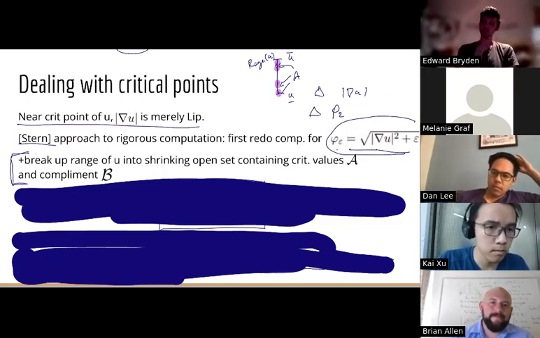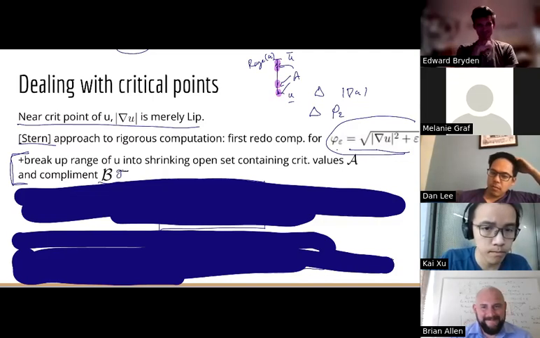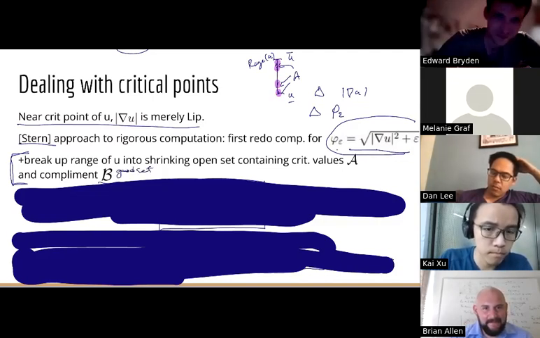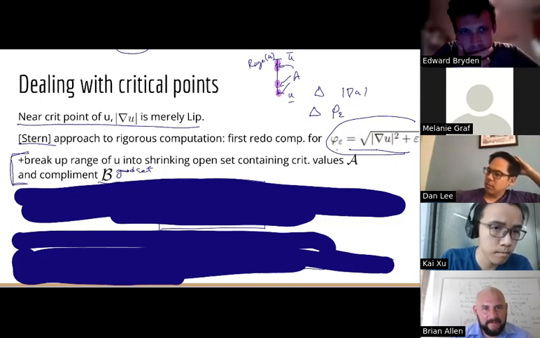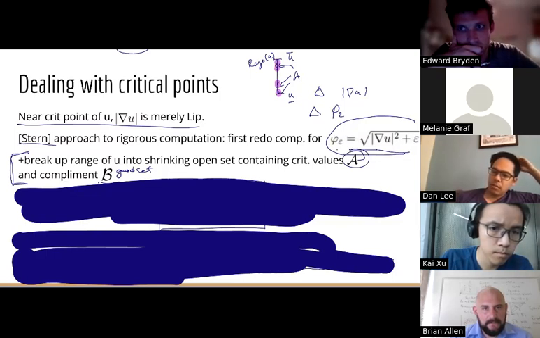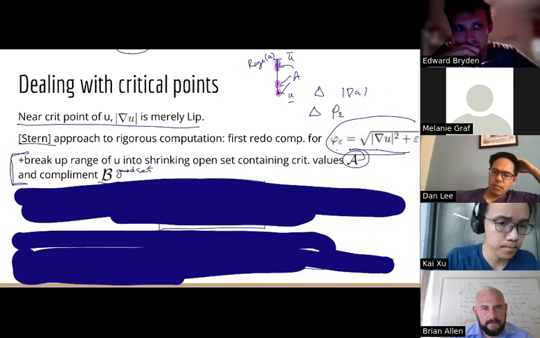You have some open set which contains the critical values, sorry, of U. And then the complement, which is like a good set, even though it's called B for bad, where the gradient of U is bounded away from 0. Or rather, the pre-image of B under U, on that set, the gradient of U is bounded away from 0. And the idea will be to shrink A, take the limit and make the measure of A go to 0, which is possible by Sard's theorem, because the collection of critical values has measure 0.